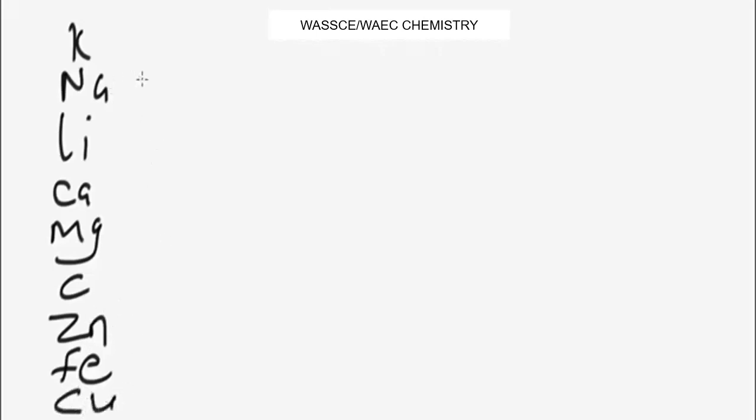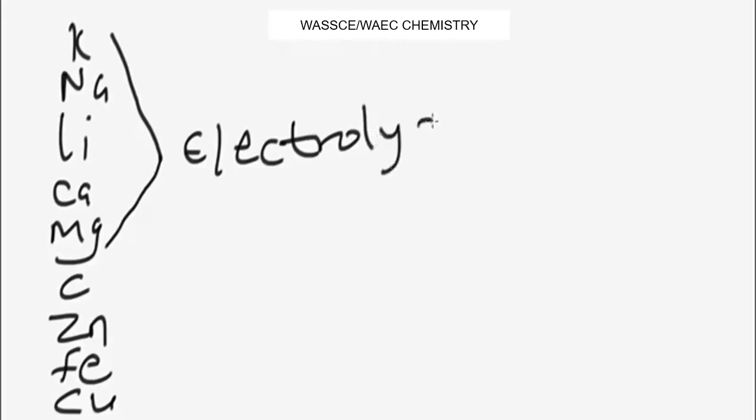All right, now note that in this reactivity series, metals higher than carbon have to be extracted using electrolysis. So from magnesium to potassium, they can be extracted using electrolysis. All right, we will soon get to the concept of electrolysis as we progress in these chemistry revision videos.